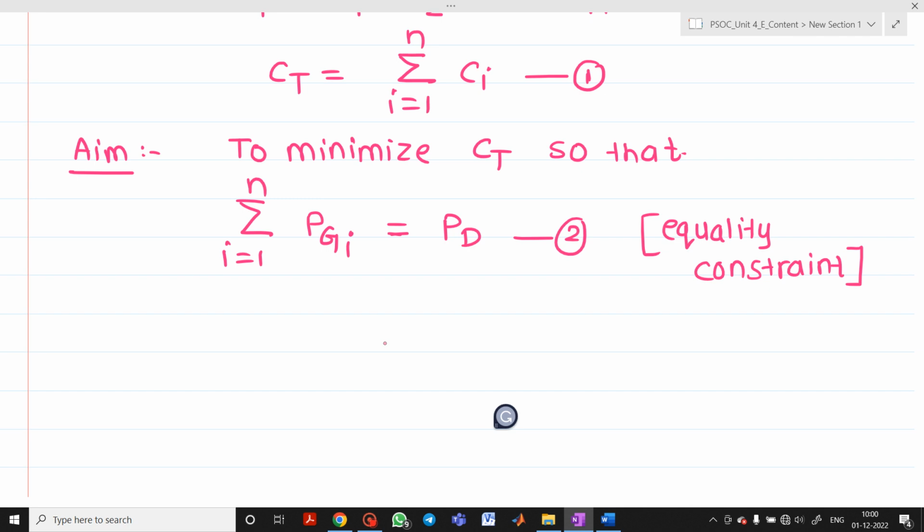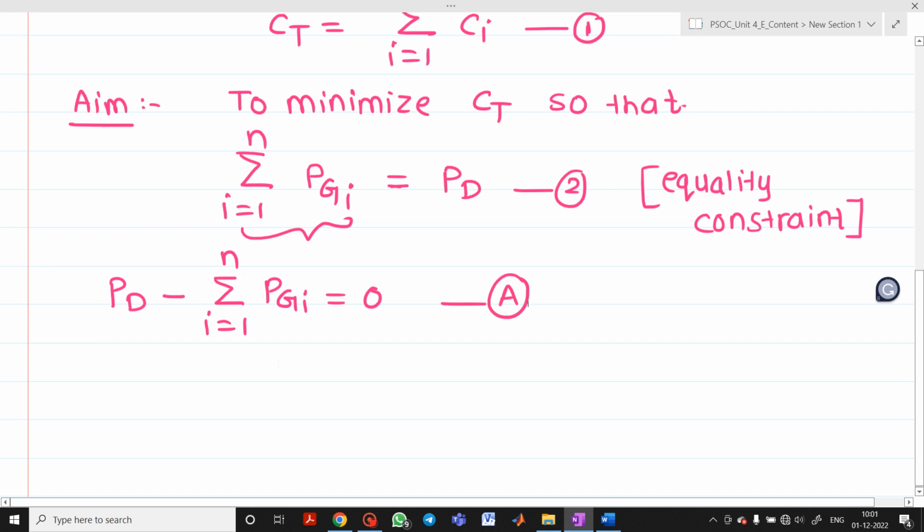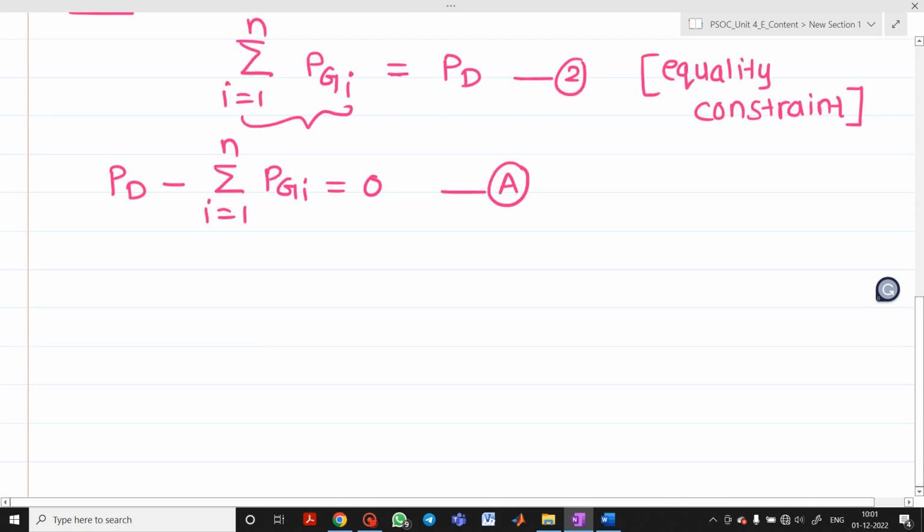Now I can modify this equation: I shift this term to the right-hand side, PD minus summation i equal to 1 to n of Pgi equal to 0. Let me take this as equation number A, which again is one kind of equality constraint.